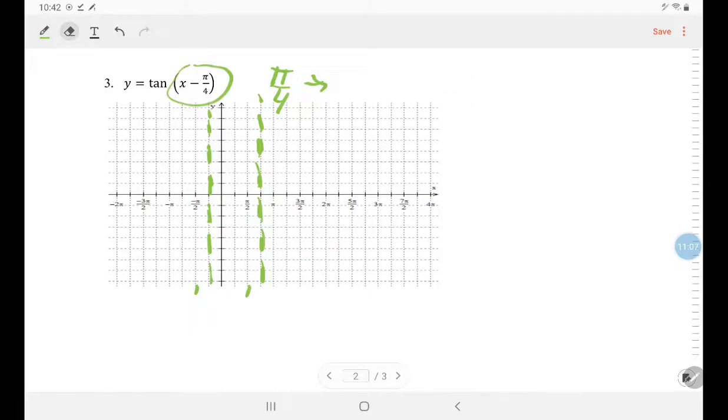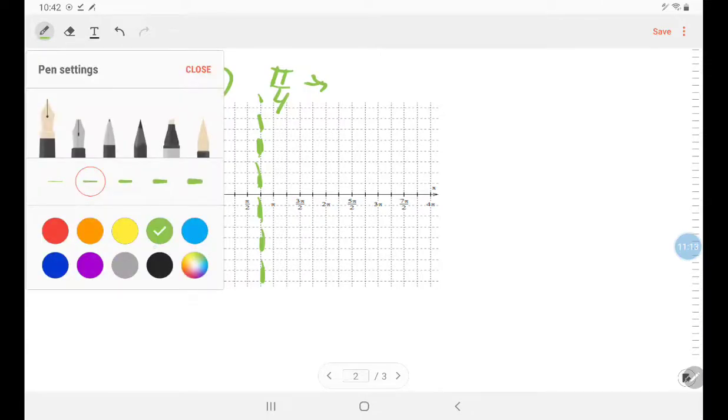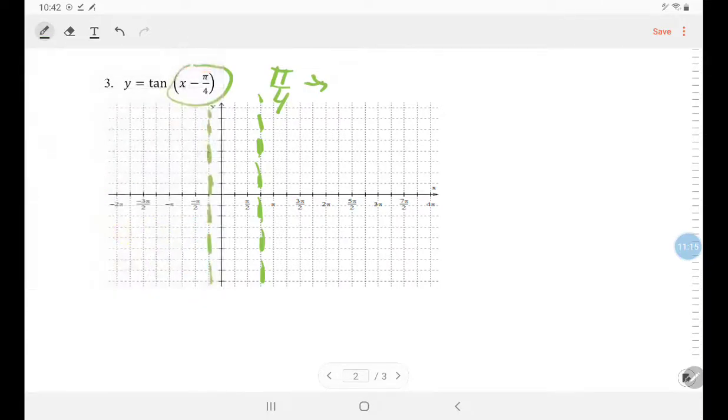So, in other words, all I did was just write down where the new asymptotes would be based on where the old ones were. So instead of being here, I shifted it pi over 4 to the right. Instead of here, pi over 4 to the right. Again, what happens in between the two asymptotes? Halfway in between is a 0.